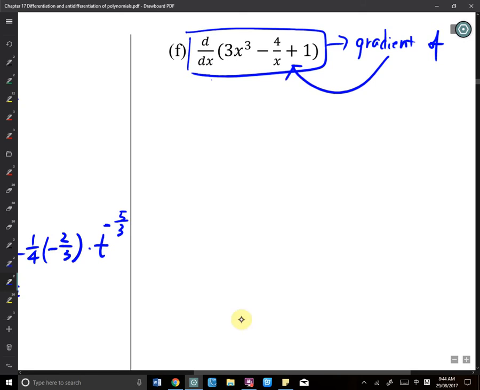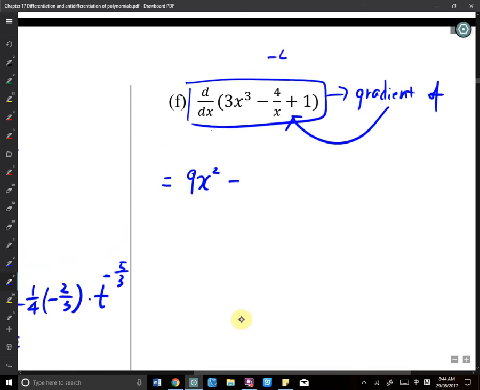So you can directly write the equal sign and say that's 9x to the power of 2 minus, this is minus 4x to the power of negative 1. So that's minus 4 times minus 1 times x to the power of negative 2. And then you have the plus 1, it's just a 0. So that's 9x squared plus 4 over x to the power of 2.